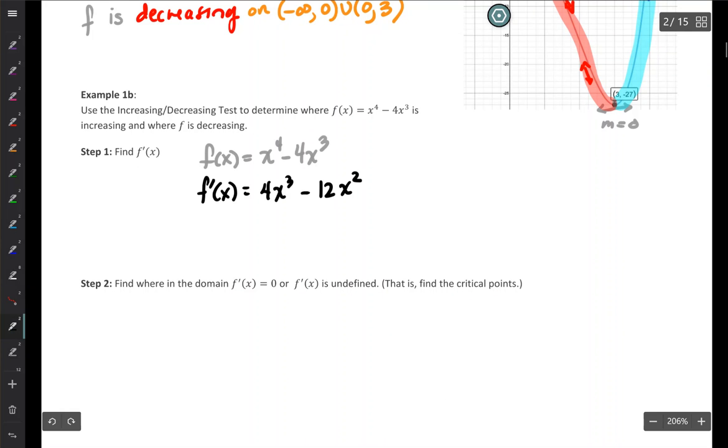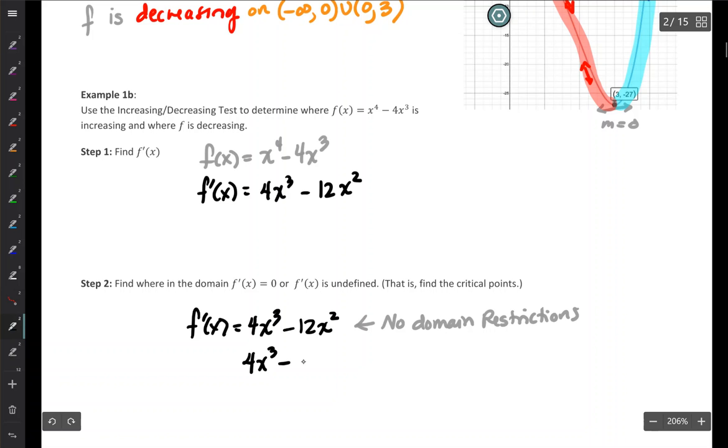So f prime of x has no domain restrictions. What x values make f prime equal to 0?